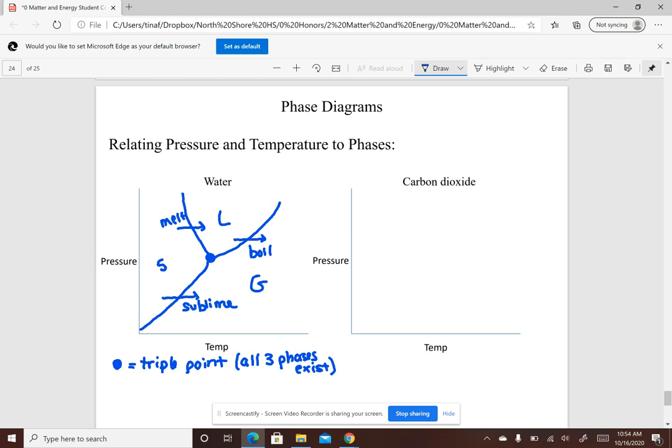There's also this spot up here. Okay, and that's when the temperature and the pressure are such that the temperature is so high that it's impossible for the substance to turn back into a liquid. Okay, so I'll label that as a star, and that's actually called the critical point.